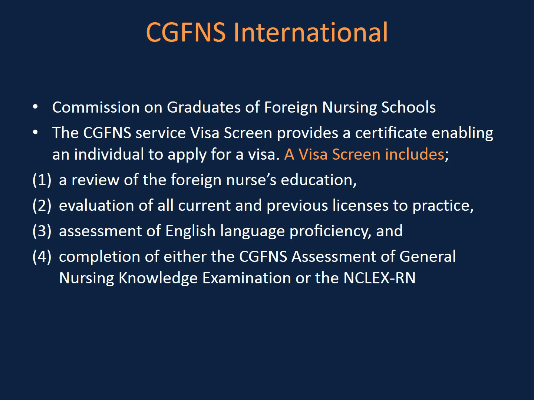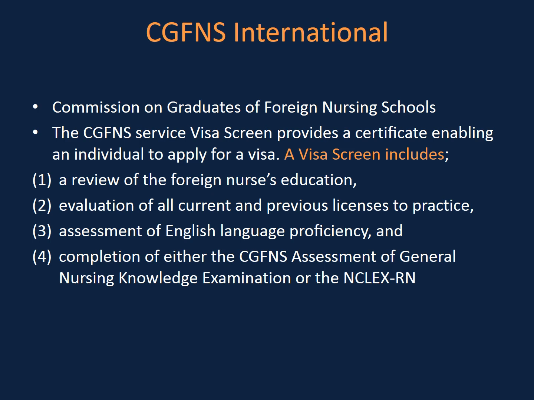Now, the visa screen includes the following steps. The first is a review of the foreign nurses' education, then an evaluation of all current and previous licenses to practice nursing, and an assessment of the English language proficiency of the applicants, because it's very important to be competent and proficient in English.